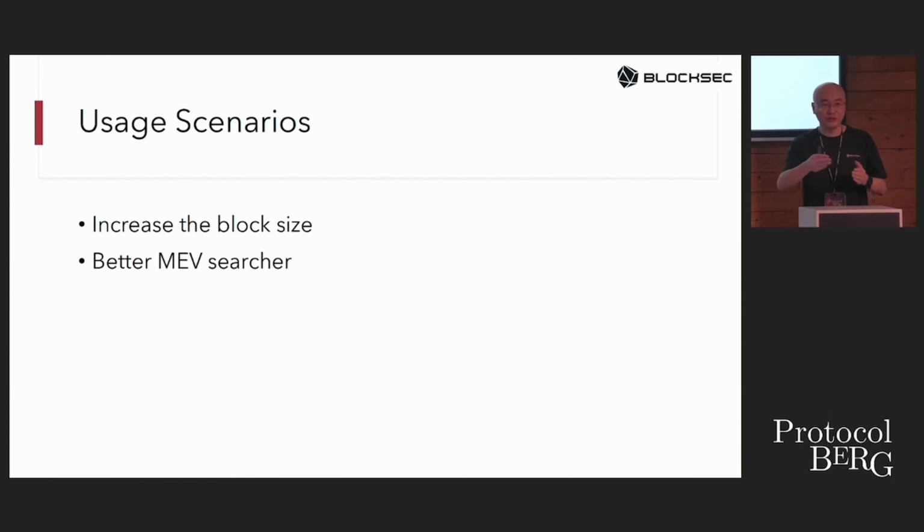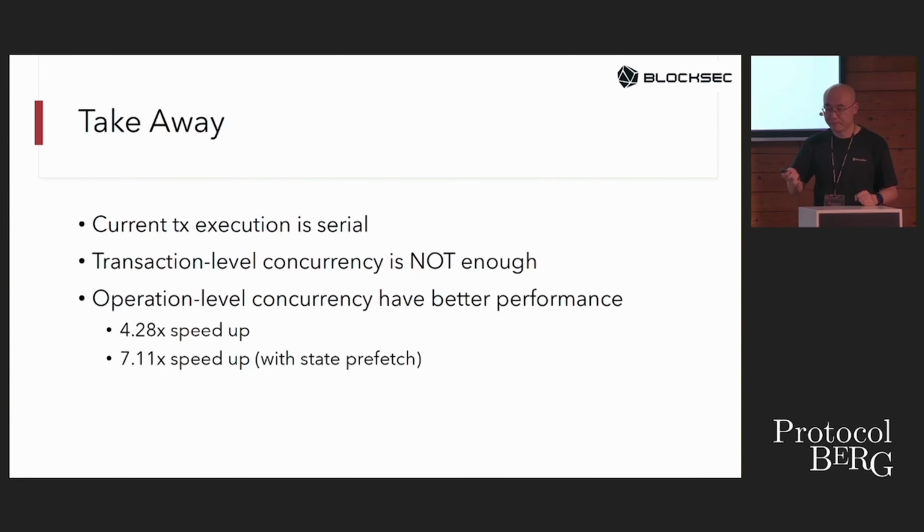So you need to have a very efficient system to do that. If the MEV searchers can apply our system, I think they can have a better result in the same time. So these are two possible user scenarios. I think there are more user scenarios.